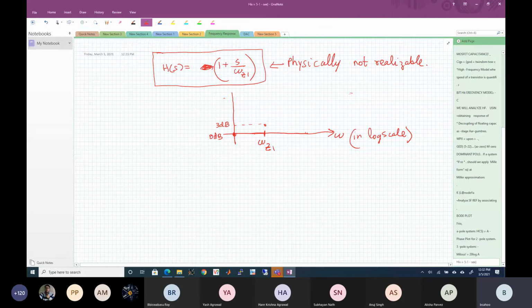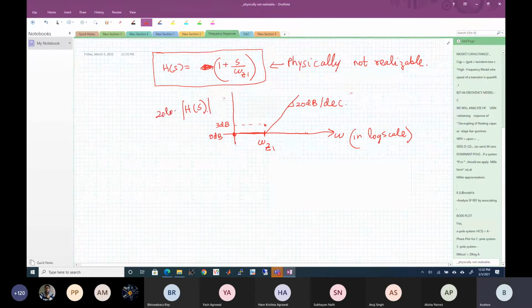But we have to draw an asymptotic plot, so I will draw 0 dB and a slope here which goes at 20 dB per decade. So the magnitude response due to the zero will have a plus 20 dB per decade slope.